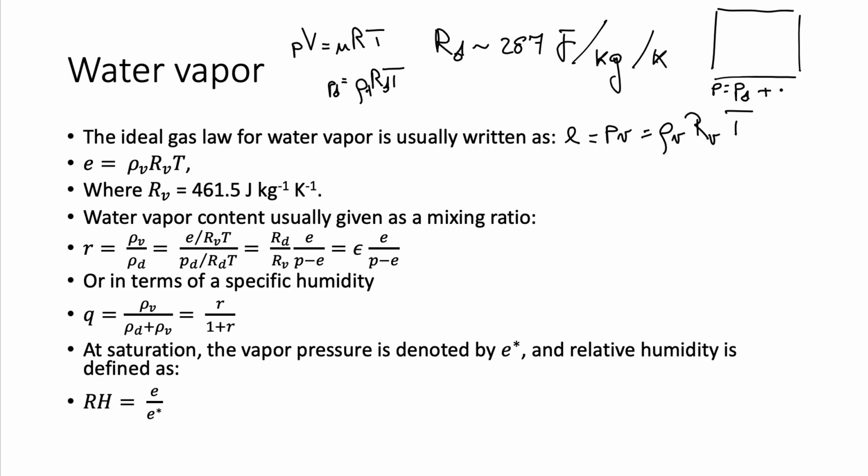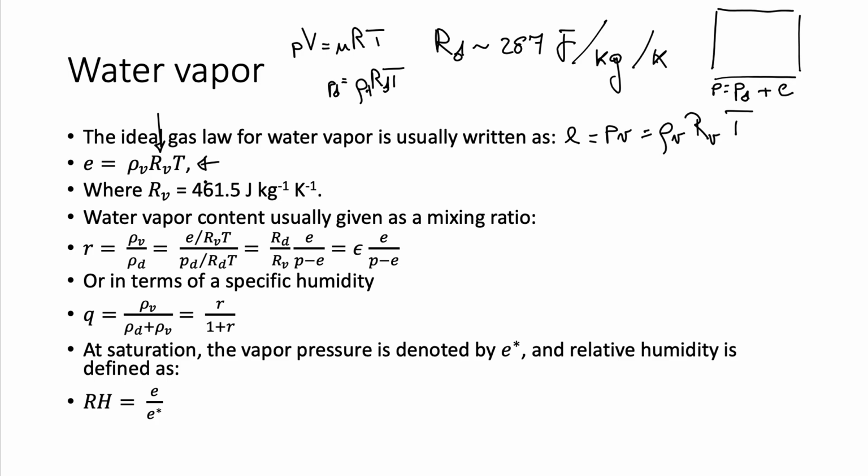It would simply be the sum of the two pressures, the pressure of the dry air and the pressure due to the water vapor. Anyway, this is the ideal gas law for water vapor. And in this case, the gas constant, RV, is different from RD. And RV is actually 461 joules per kilogram per Kelvin. So please keep this in mind.